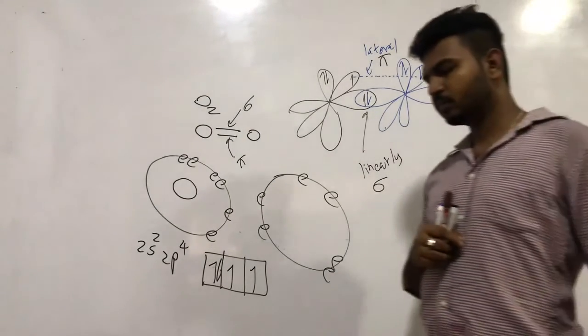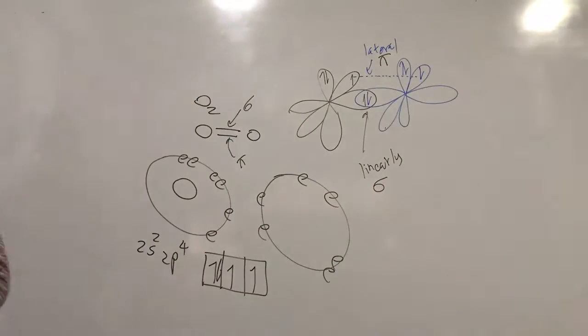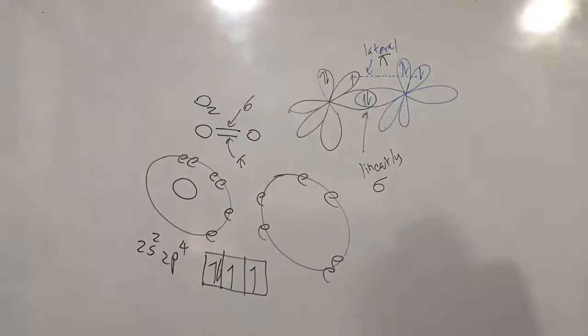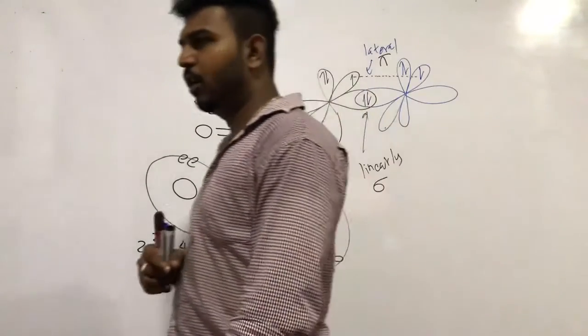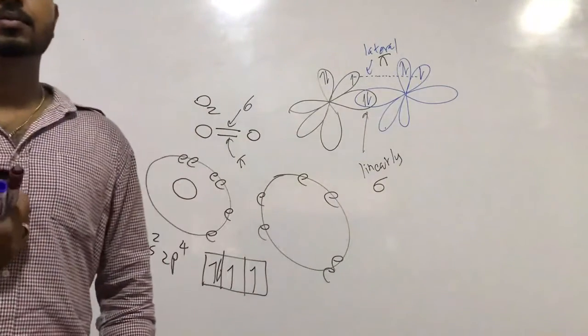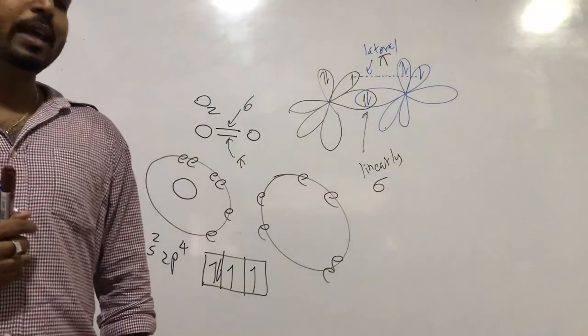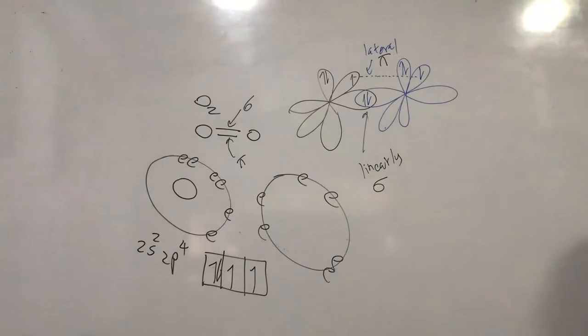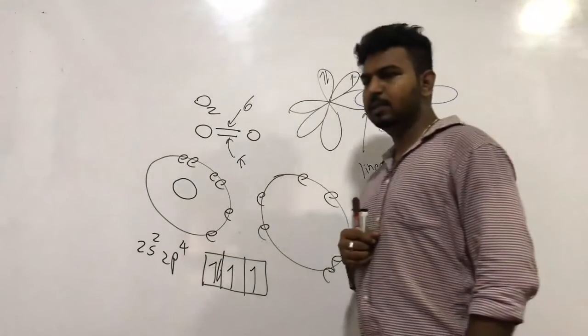To the right, below, atoms which have unpaired electrons tend to form chemical bonds to form stable molecules.